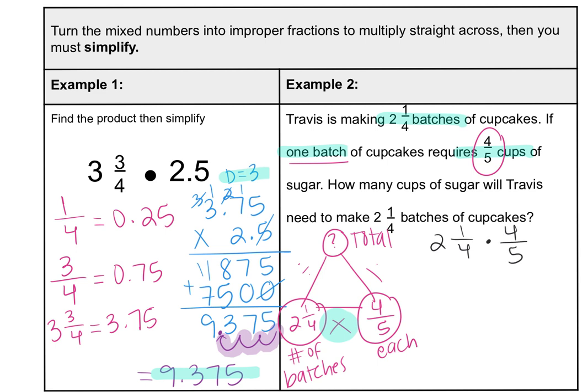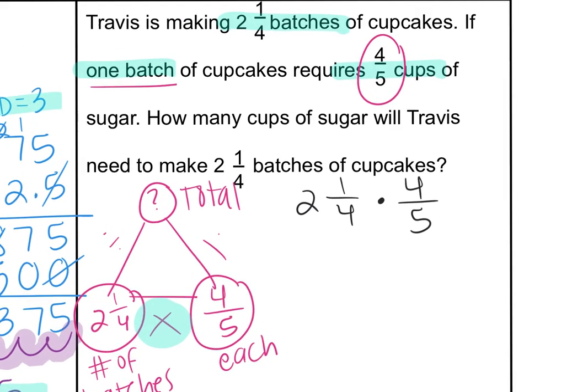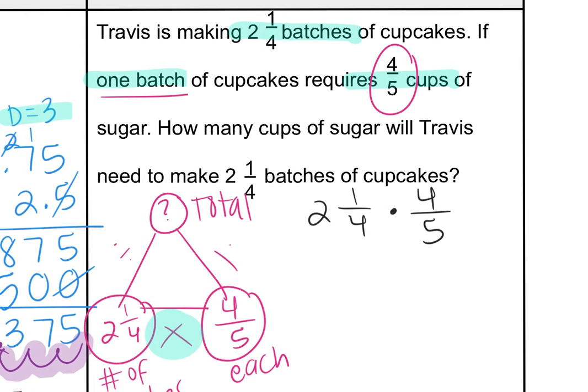Now my steps say that I need to turn the mixed number into improper, and then I'm going to multiply straight across. So I'm going to use the Texas method to turn it into the improper fraction. That's where you multiply the denominator times the whole number, and then you add it to the numerator. So I'm going to do 4 times 2 first, which gives me 8, and then plus 1 is 9.